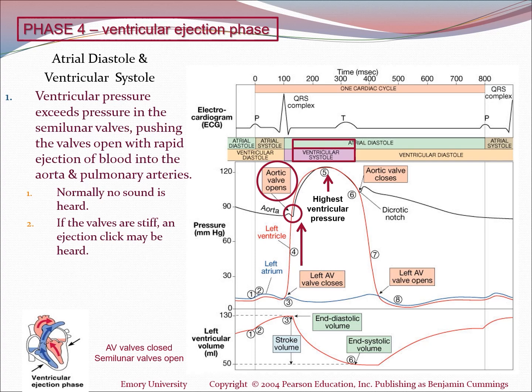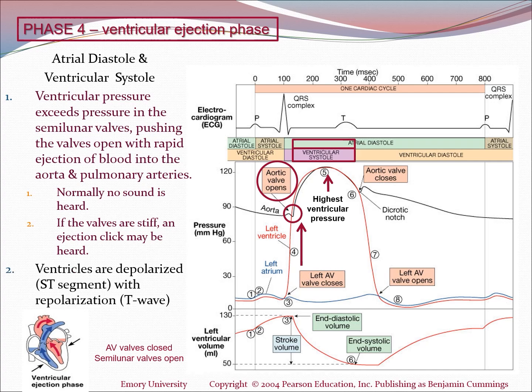Normally, no sound is heard, but if the valves are stiff, such as in aortic stenosis or pulmonic stenosis, an ejection click may be heard as those valves open. The ventricles are depolarized. This is reflected by the ST segment on the EKG, with repolarization reflected by the T wave on the EKG.